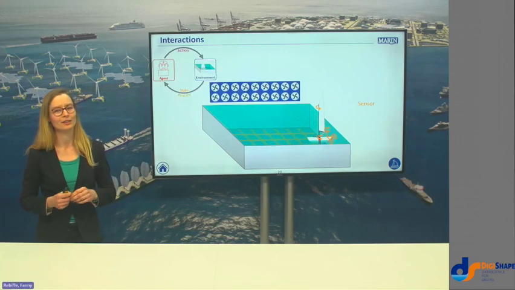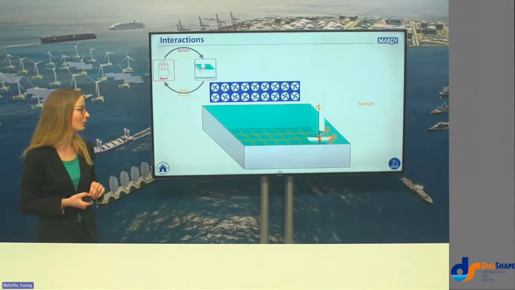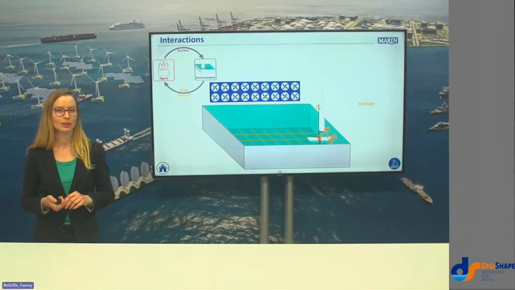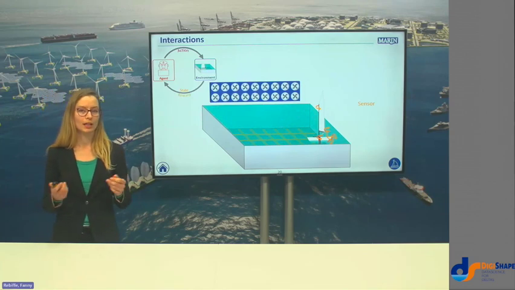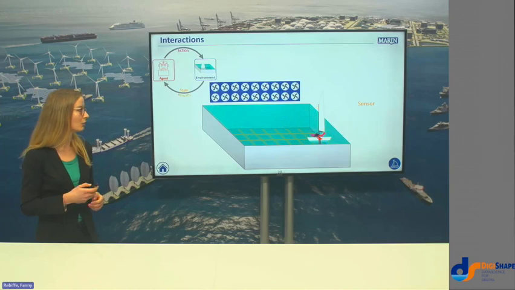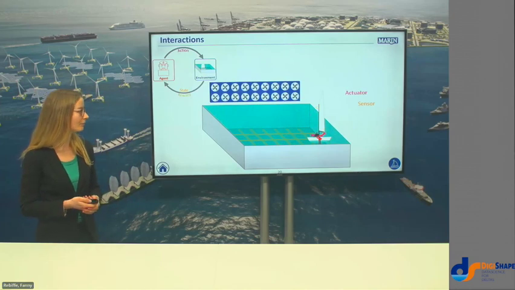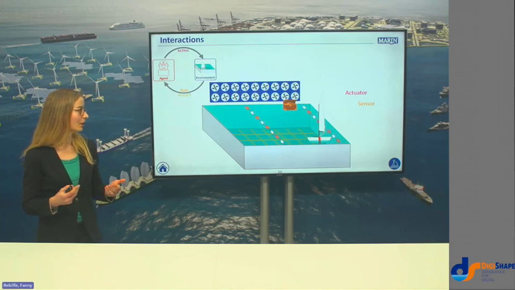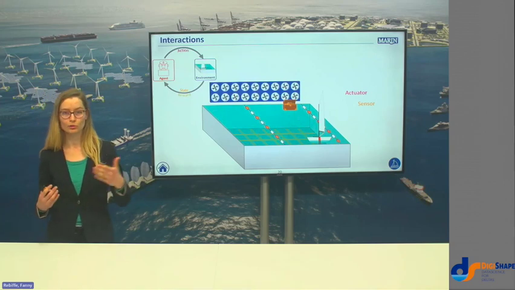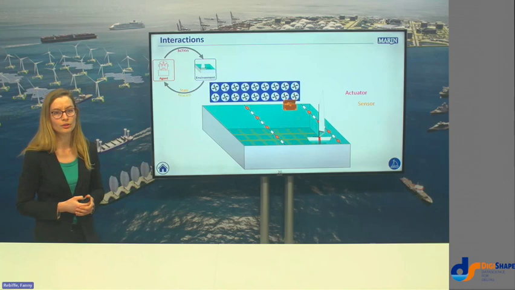We have some constraints. Oh, sorry. Yeah. So we have equipped our Optimist with sensors that will be the eyes of our agent and actuators that will be the arms of our agent. We have some constraints. We don't want the boat to crash into the walls.